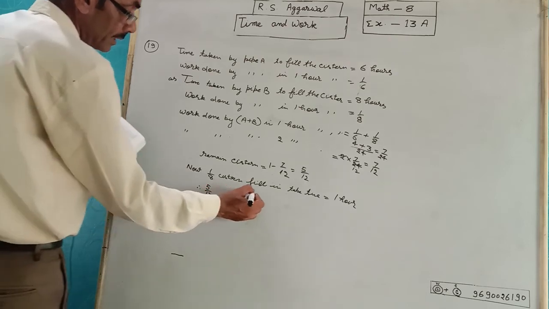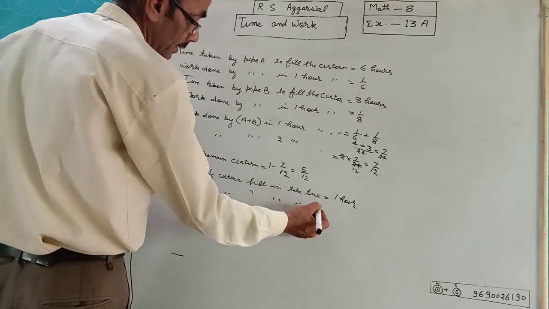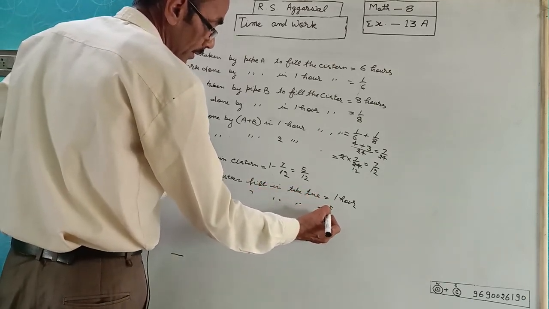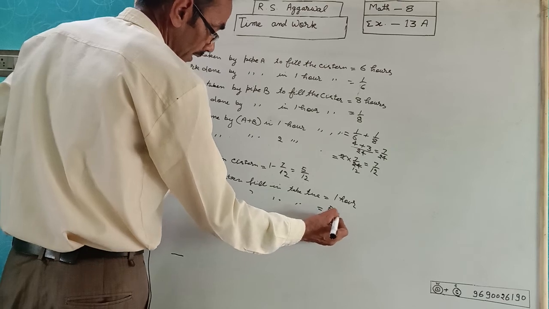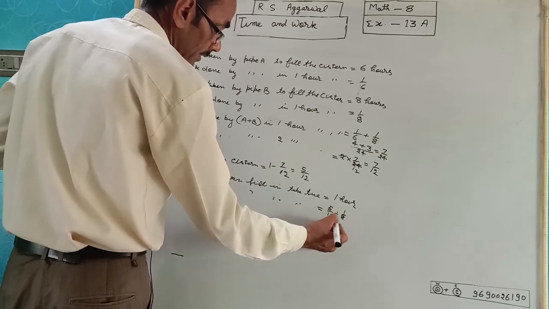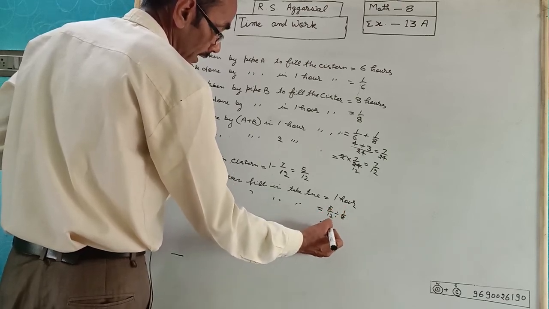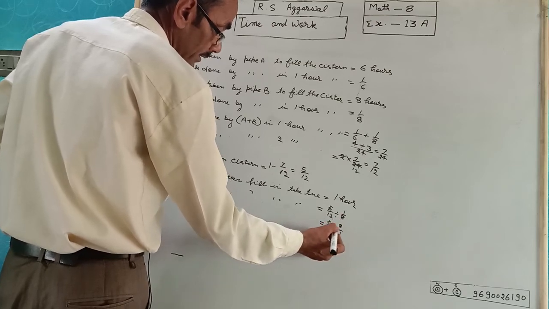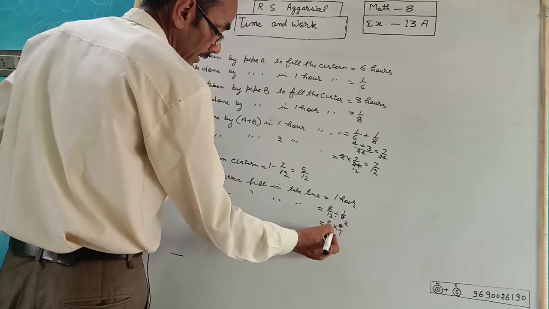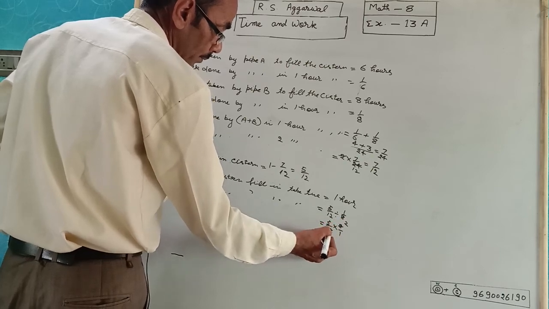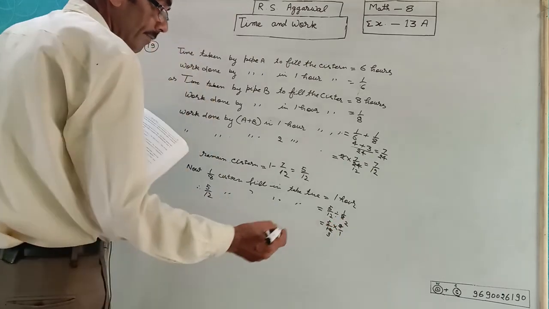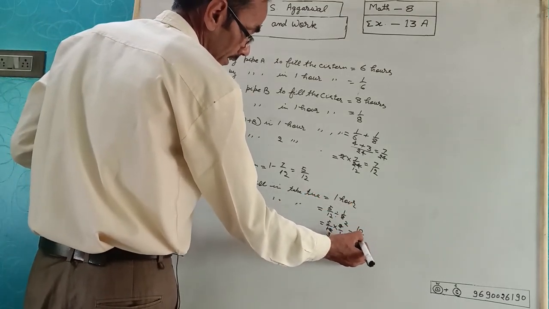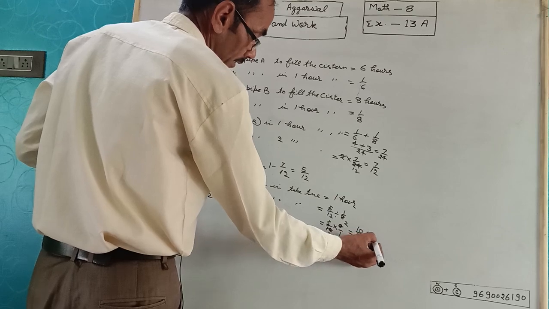The time to fill 5 upon 12 of the cistern is 5 upon 12 divided by 1 upon 8, which is 5 upon 12 times 8, giving 10 upon 3 hours.